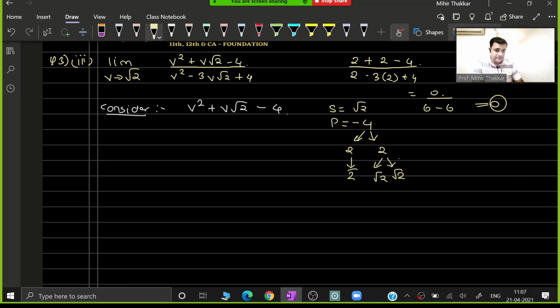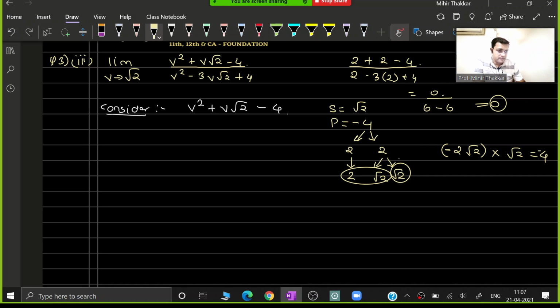So now guys, if I combine these two elements and leave this element alone as it is, I can obviously say that 2 root 2 multiplied by root 2 is going to be 4. But I am interested in negative 4. So I will just give a negative sign to the greater number.